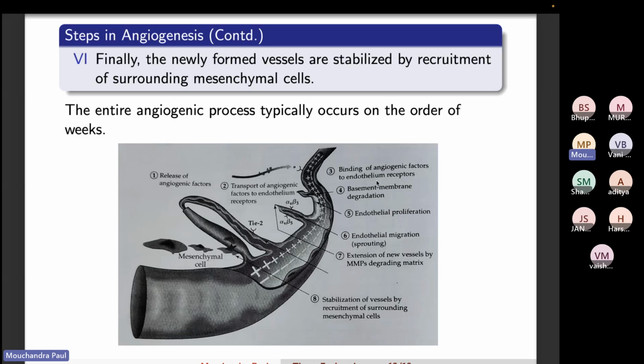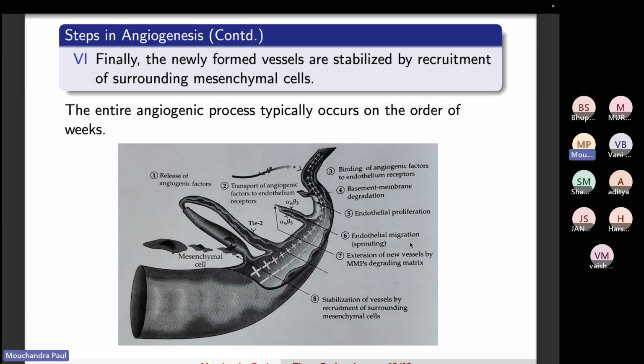This binding initiated degradation of the ECM of the basement membrane. Then it also initiated endothelial cell proliferation. Here the cells are proliferating. You can see this area: the cells have proliferated so much that the inner lining has become a bit thick. The cell mass has increased.